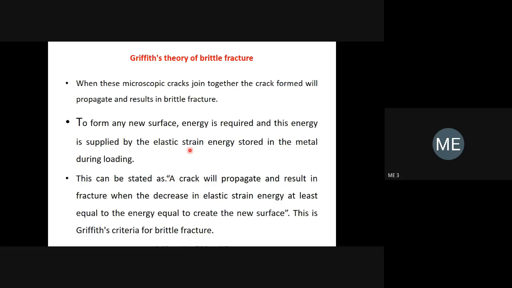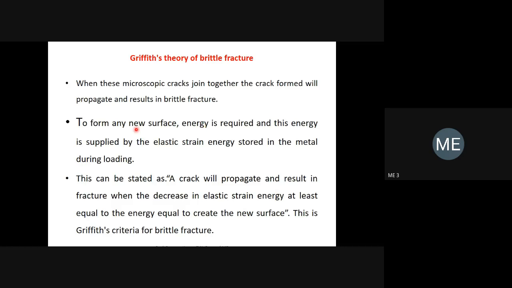But now you are talking about the elastic energy. What is elastic energy? Suppose you compress a spring; some amount of energy is stored in the spring. That is because of the deformation, so this energy is also referred to as the strain energy.